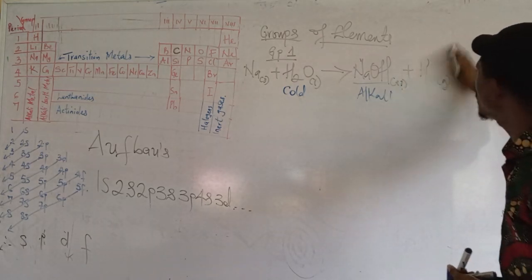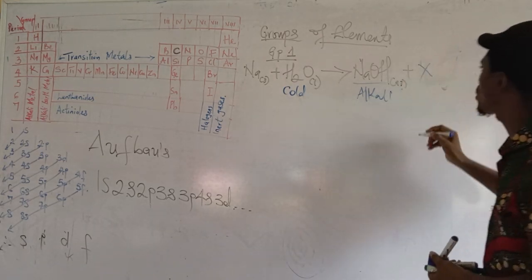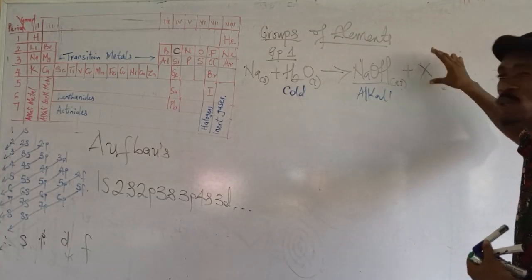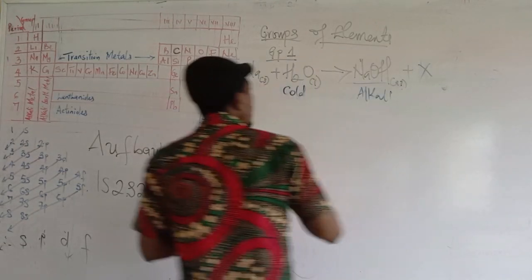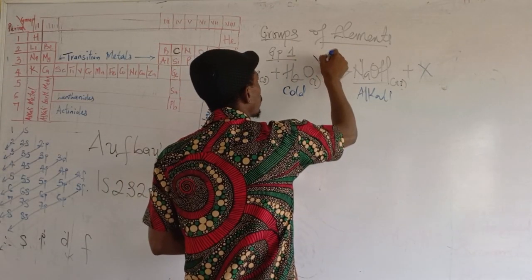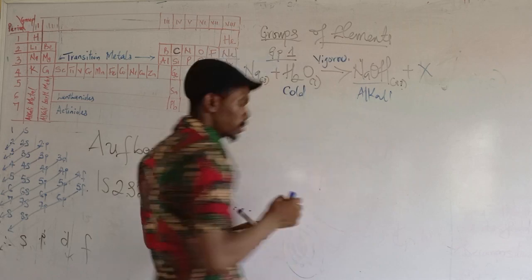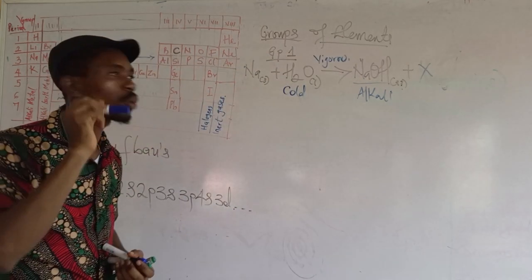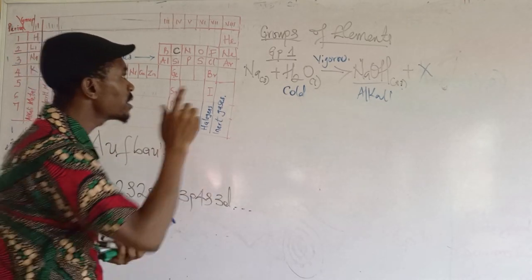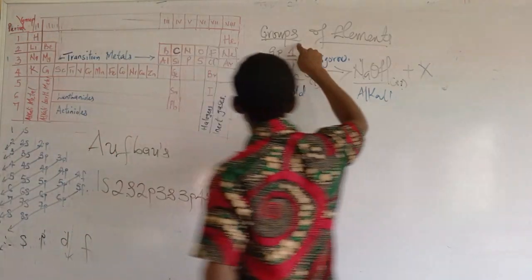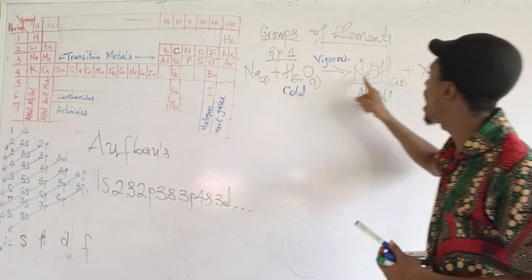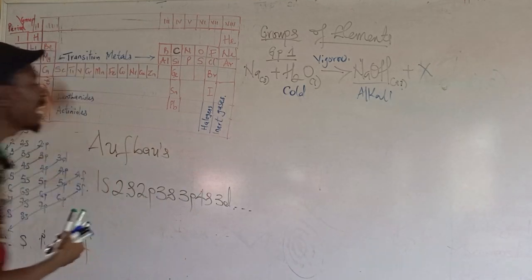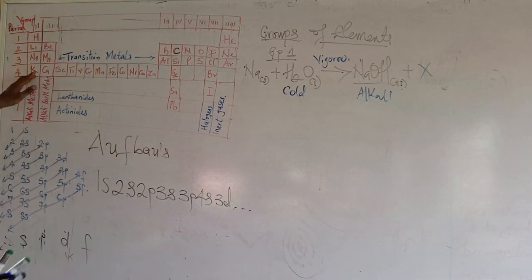So in the exam, the gas might not be named. You might be told X and be asked to identify what X is. Hydrogen gas is always evolved, and this reaction is very, very vigorous. It is a unique property of group 1 when they react with cold water, and that is the reason why they are called alkali metals: they form alkalis when reacted with cold water. Examples of elements in group 1 are hydrogen, lithium, sodium, potassium.